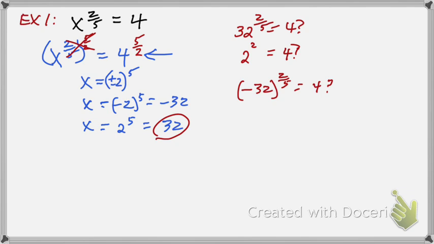So what's the 5th root of negative 32? 2, but is it positive or negative? Negative, negative, negative, negative, negative. So negative 2 squared. Does that equal 4? Yep. So we have 2 solutions to that one.